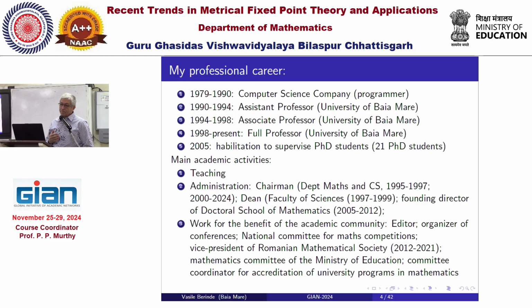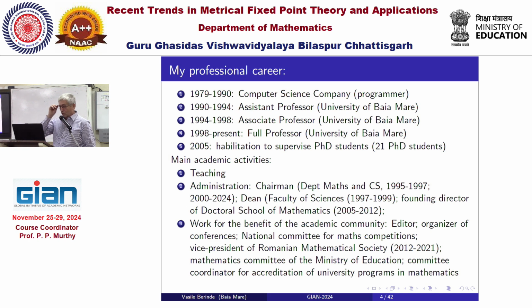But anyway, I'm confident that after a strong mathematics education, they will become very good doctors, very good engineers, and so on. So we are happy with this. So I was in this national committee for many years.